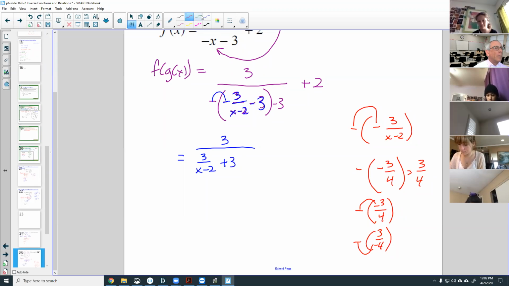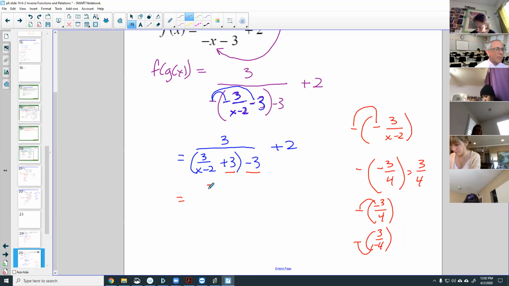So I used that negative sign and I got rid of that negative sign, and then I distributed it over here to the minus 3, and I get plus 3. And then I have minus 3. And then this whole thing is plus 2. So I'm beginning to simplify a little bit. Well, I can see that I have a plus 3 and a minus 3. So those are going to cancel out.